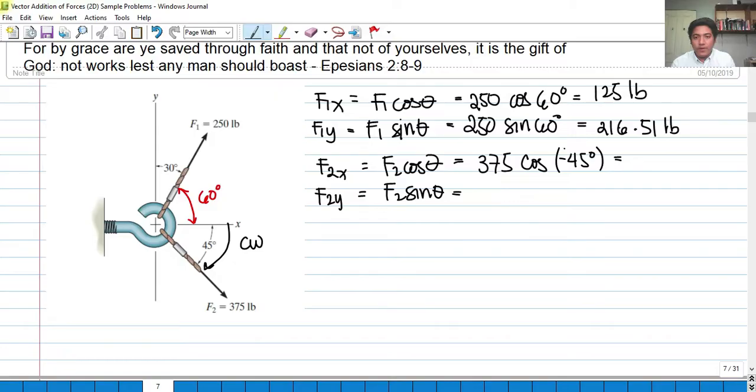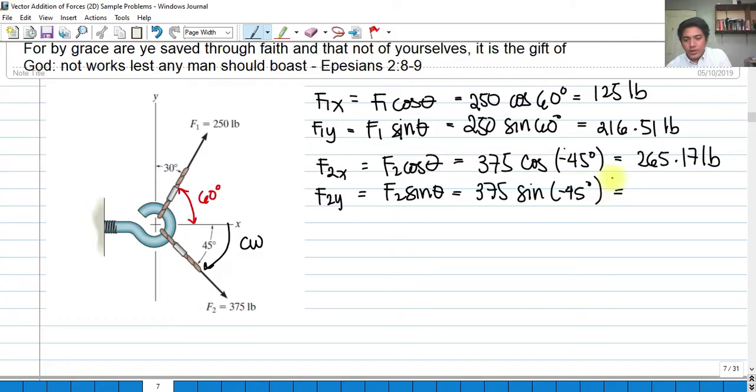So we have 375 cosine of negative 45, which should be 265.17 pounds, and we have 375 sine of negative 45 degrees, which is negative 265.17 pounds.